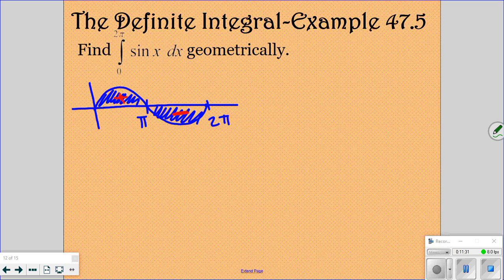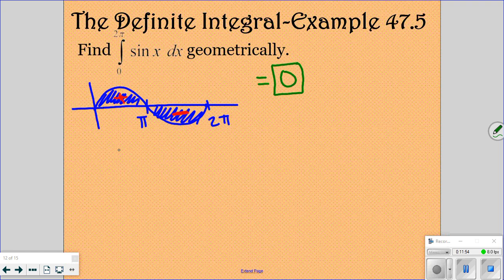So it says find the area of it geometrically. So it's asking to just look at the graph. If this is the same area as this, and one's positive and one's negative, then the answer is 0. We don't even have to evaluate it because we know that they're going to cancel out. So that would be your answer for that one.